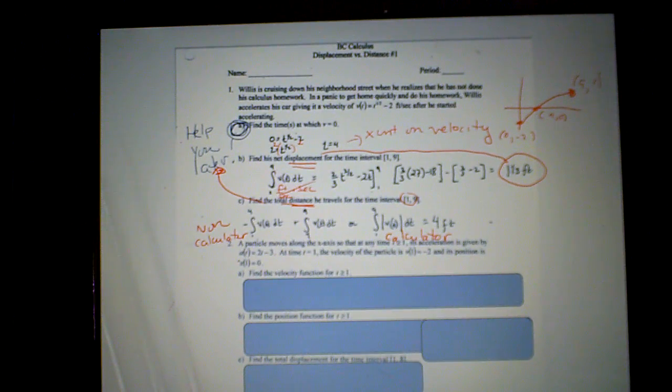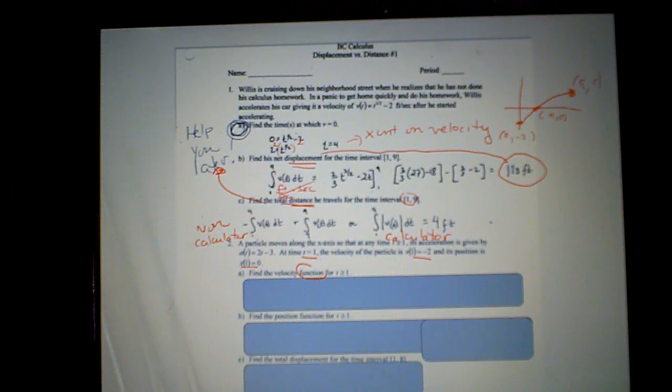All right, number 2. A particle moves along the x-axis, acceleration, time equals 1, velocity, initial condition on acceleration, initial condition on velocity, and it's initial condition position. Find a velocity function.